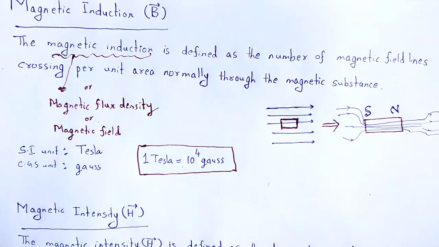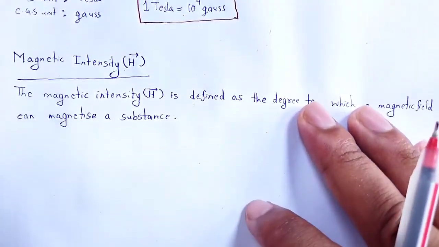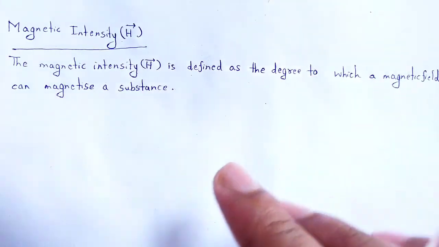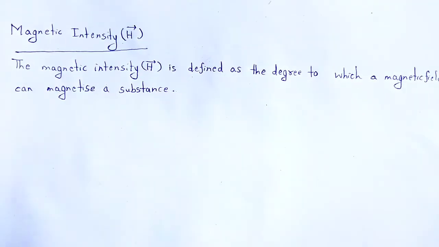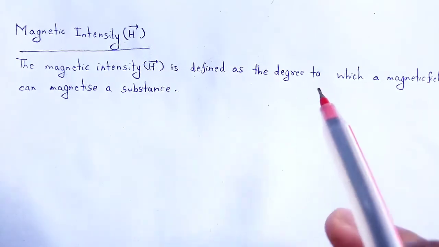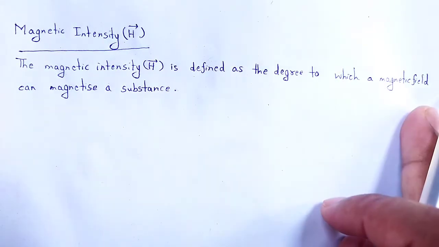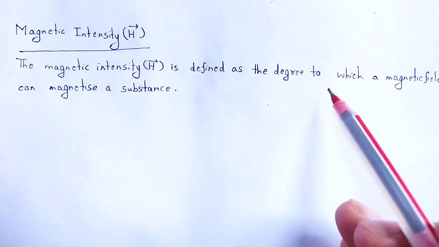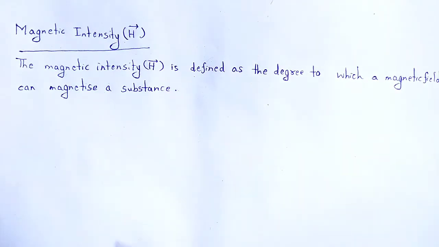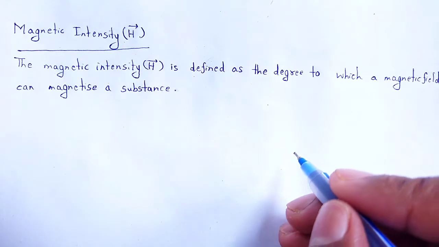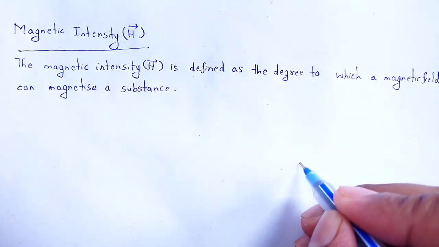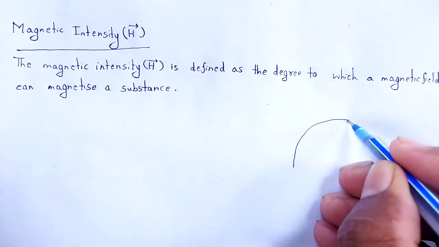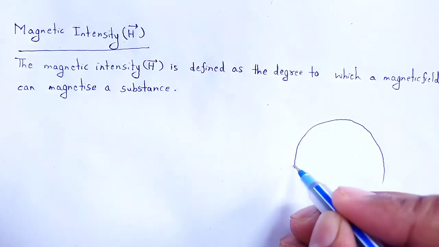Another magnetic vector is magnetic intensity, denoted by S vector, which is defined as the degree to which a magnetic field can magnetize a substance. Here we take an example of a toroidal solenoid.